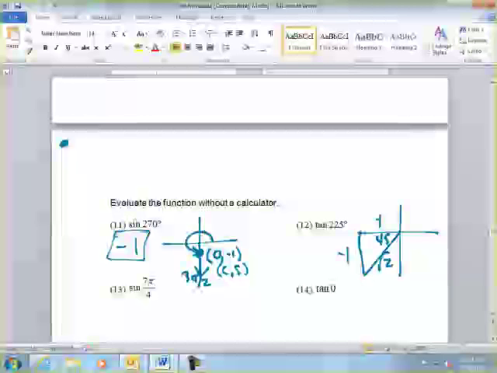Both ones, left on the x-axis, down on the y-axis, are negative values. Hypotenuse is always positive no matter what it looks like. What's SOHCAHTOA for tangent? Opposite over adjacent. And so in this triangle, what is that? Negative 1 over negative 1, which is just 1.